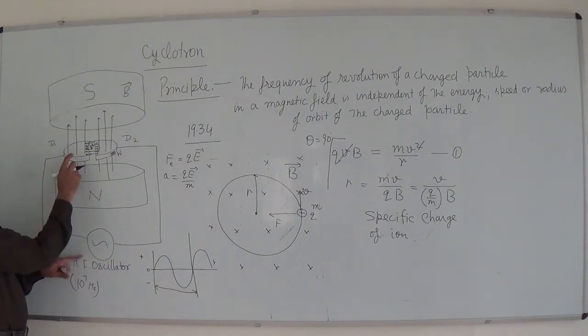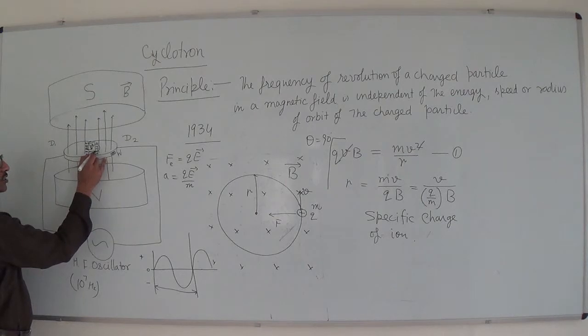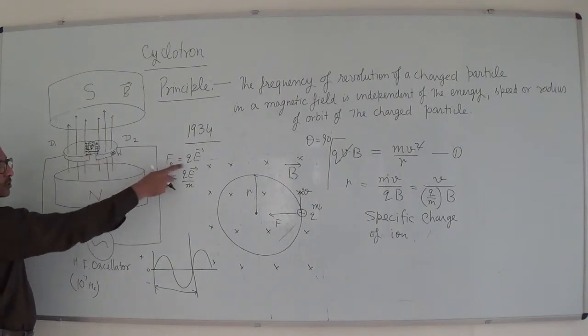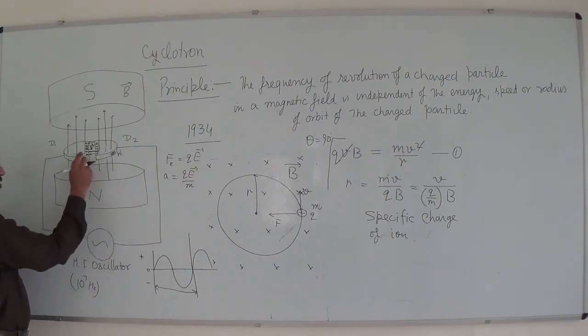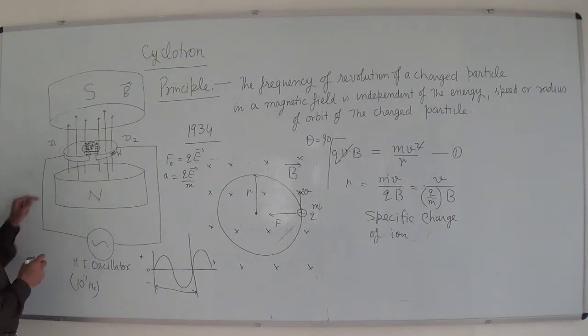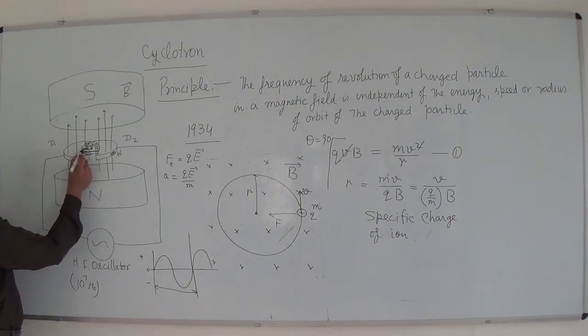D1 now is negative, and again this ion travels into the free space in the presence of the electric field, where it gets accelerated again, and as a result the kinetic energy of the particle increases, and hence the radius is also increasing.